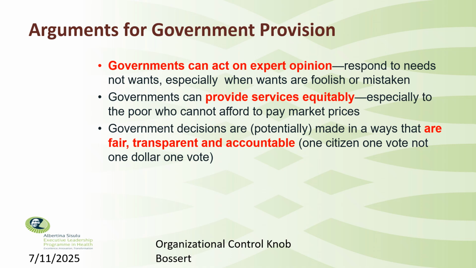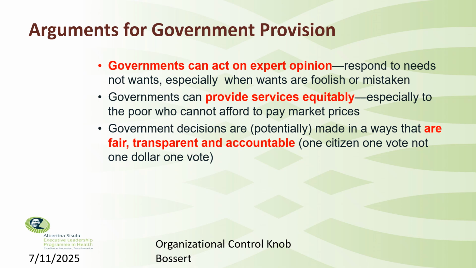Governments can think about providing services equitably based on need and vulnerability. So especially to the poor who can't afford to pay market prices, governments can provide those services where there's the greatest need and vulnerability. And government decisions potentially are made in ways that are fair, transparent, and accountable.